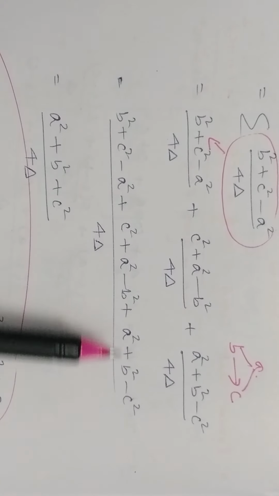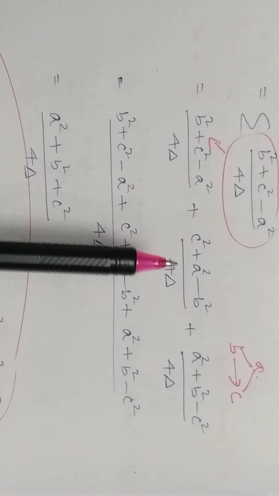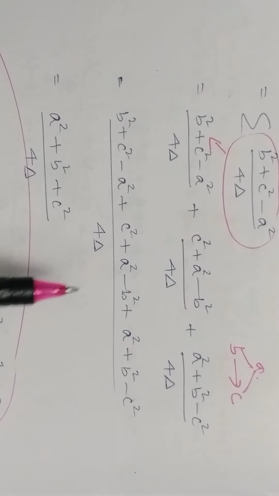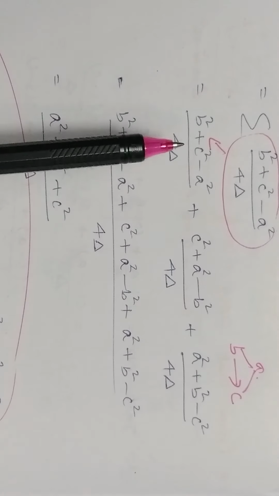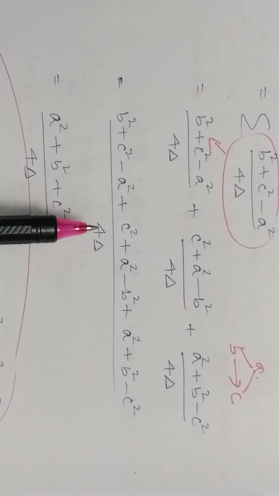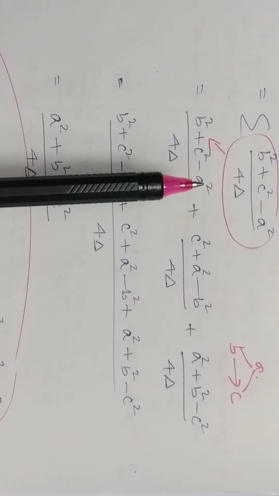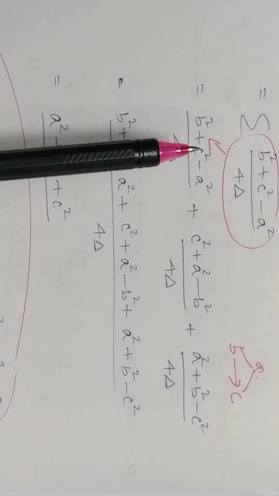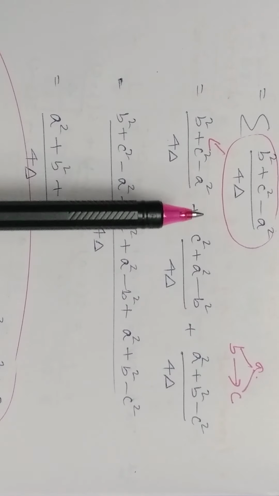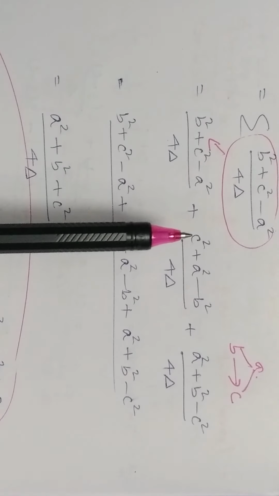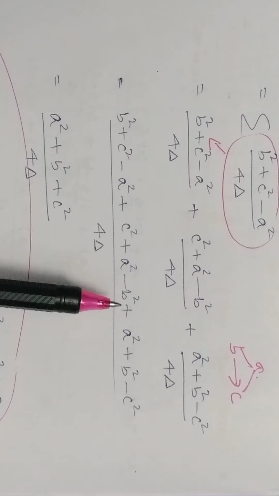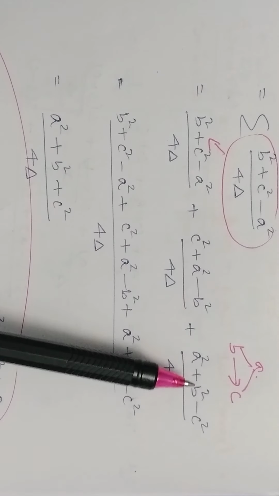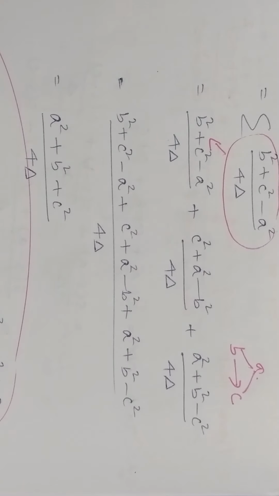Now take the LCM 4 delta, because all the fractions have the same denominator 4 delta. There is no extra. So write the numerator as it is: B square plus C square minus A square plus C square plus A square minus B square plus A square plus B square minus C square.